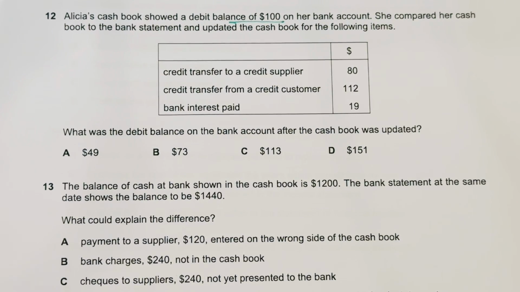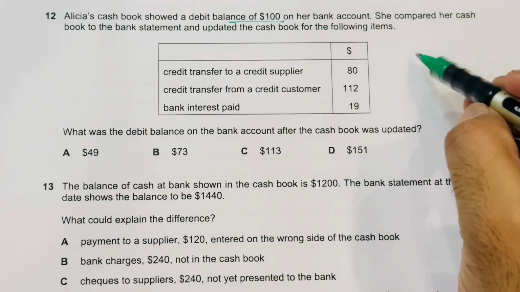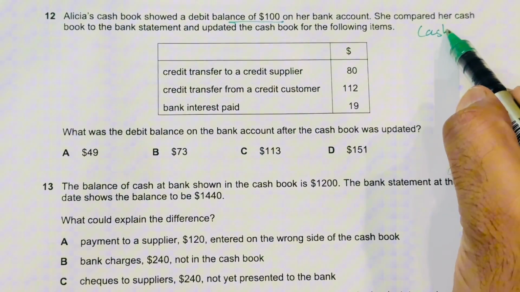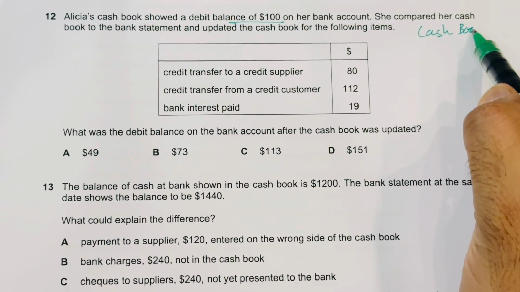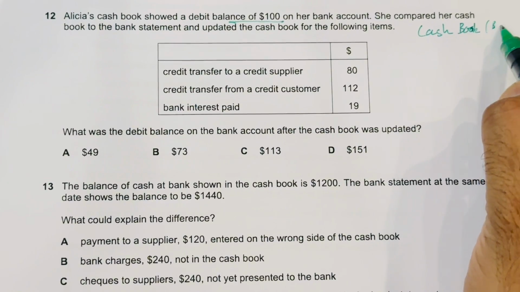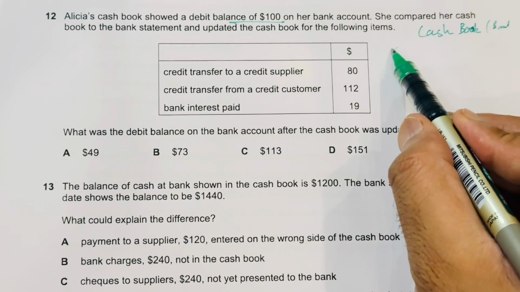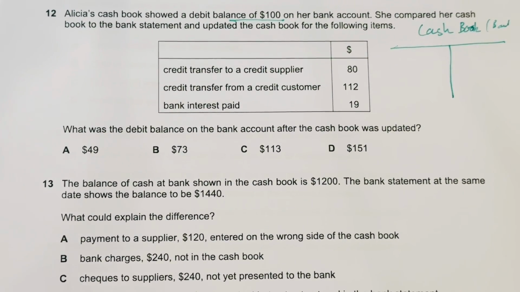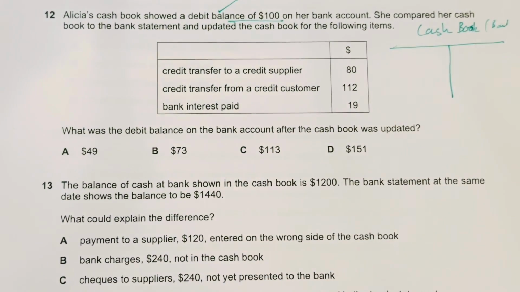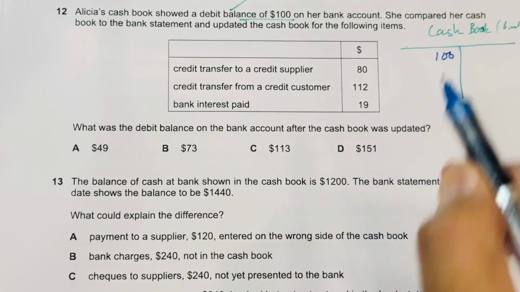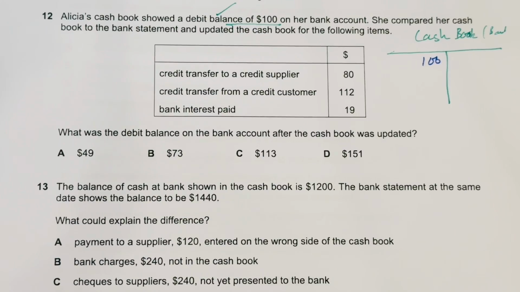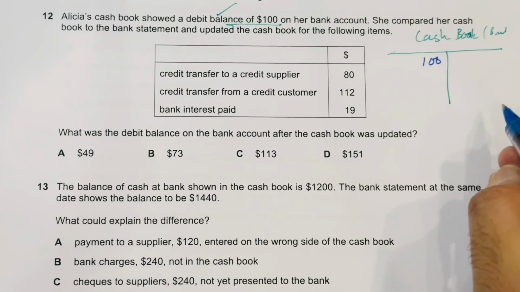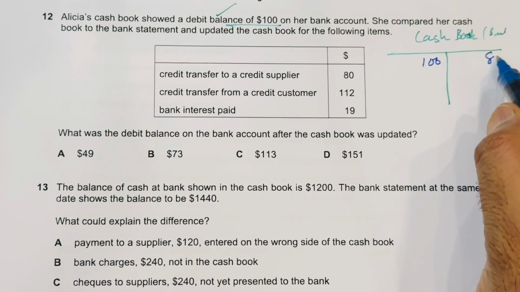So we're gonna make the updated cash book, or simply you can say you are making the bank account, or you can write cash book. We have been provided with the debit balance of 100 at the start of our statement. So we're gonna charge it with 100 on the debit side. Now the credit transfer to a credit supplier, that is 80, so it should be on this side.